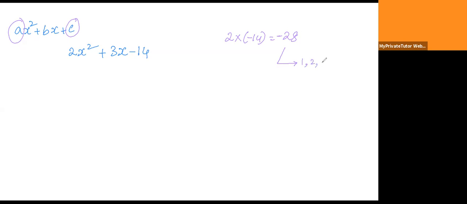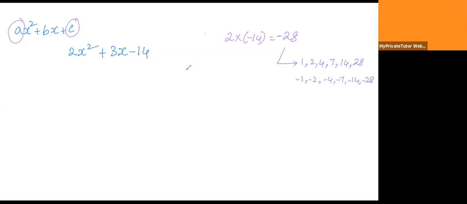1, 2, 4, 7, 14, and 28, guys. So minus 1, minus 2, minus 4, minus 7, minus 14, minus 28. First, we multiply the A value and the constant, and we got minus 28.